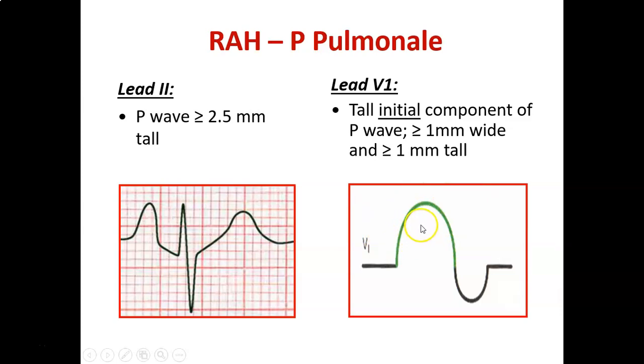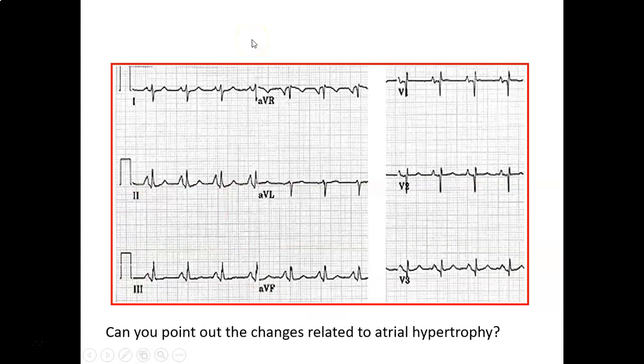So you can see the right atrial hypertrophy in lead 2, where you will get a P wave more than 2.5 mm tall. That's enough. But if you further want to strengthen your findings, you look at lead V1, which is biphasic, where the initial and distal components are the same in normal ECGs. But if the initial component is tall and wide, more than 1 mm, it's in favor of right atrial hypertrophy.